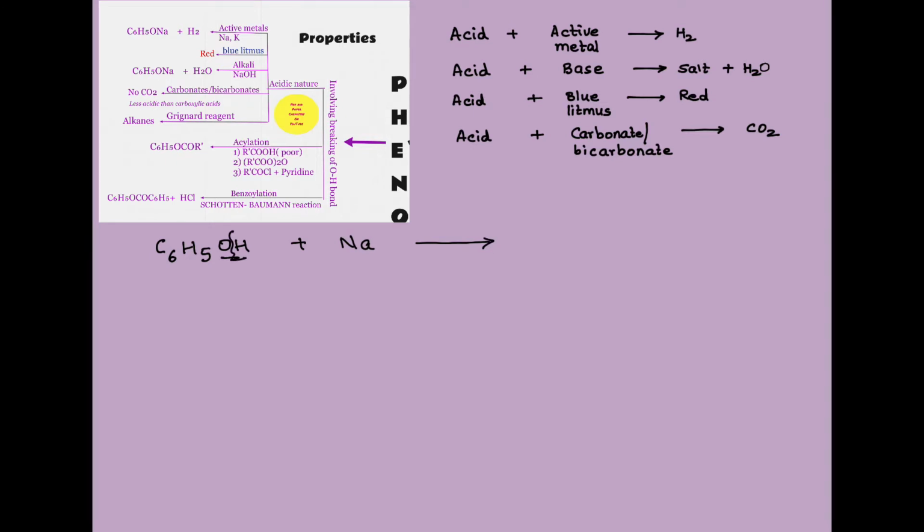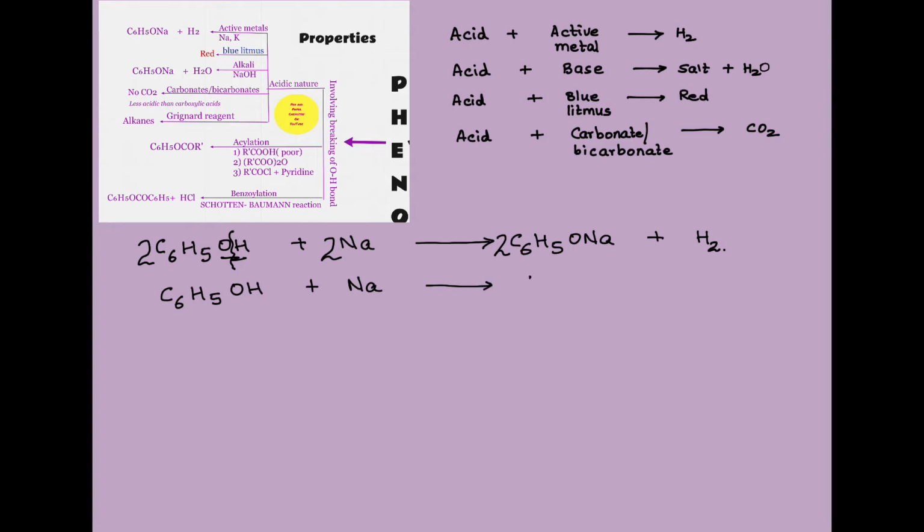So break this bond, H gets replaced by Na, C6H5ONa plus hydrogen H. Now we know that hydrogen does not exist as an atom, so we're going to write it as a molecule. In other words, I need to balance this equation, so we have 2 and a 2 and a 2. Many a time in your textbooks, you would have seen the reaction written like this.